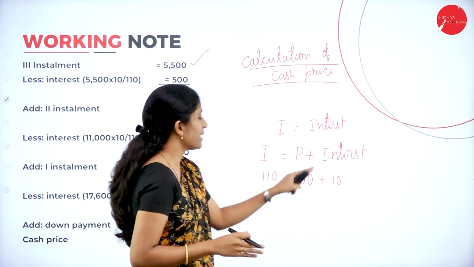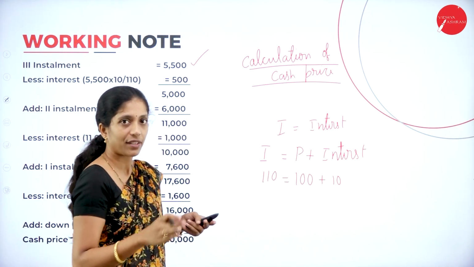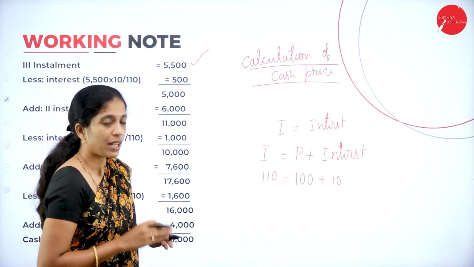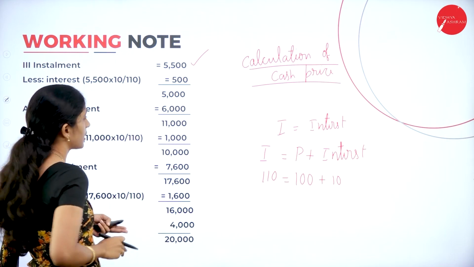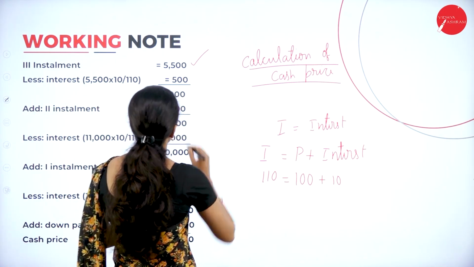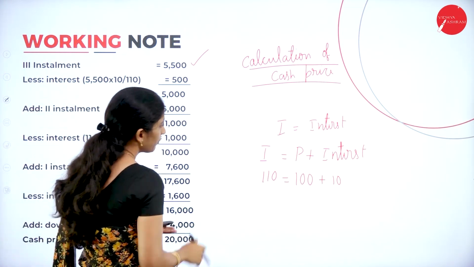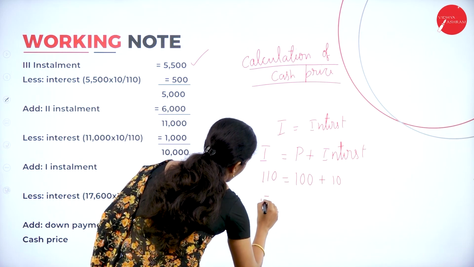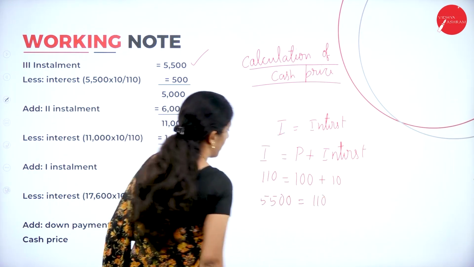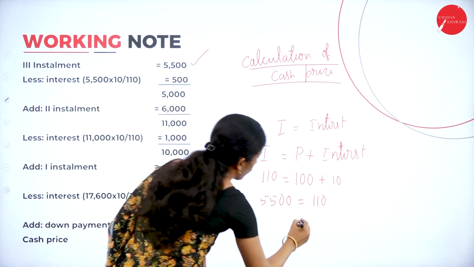So, principal plus interest: principal is 100 and interest is 10, so installment is 110. Now, we want interest. The third year installment is 5,500, which is equal to 110, and we want the interest.